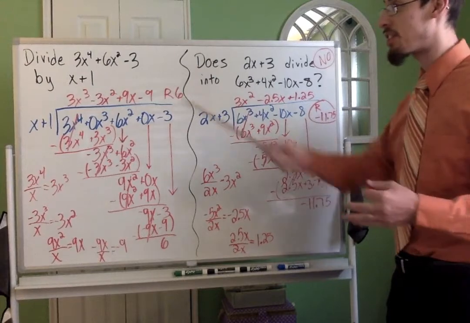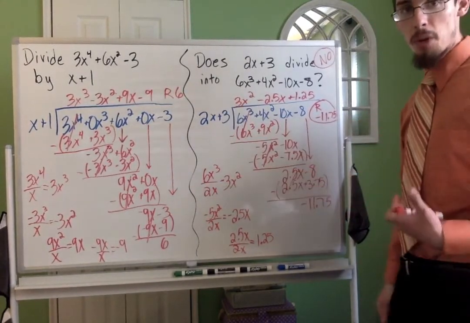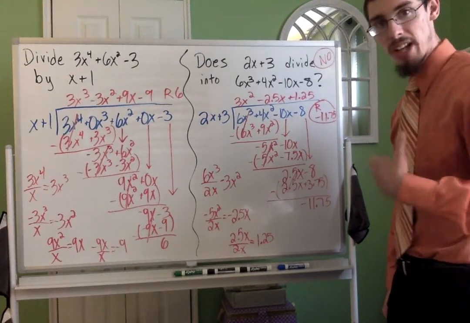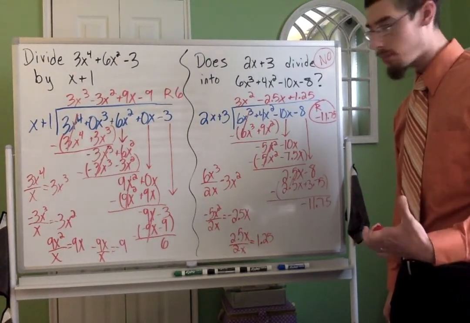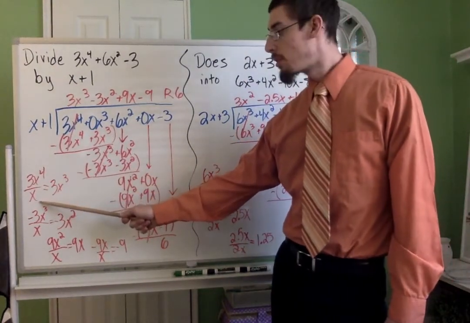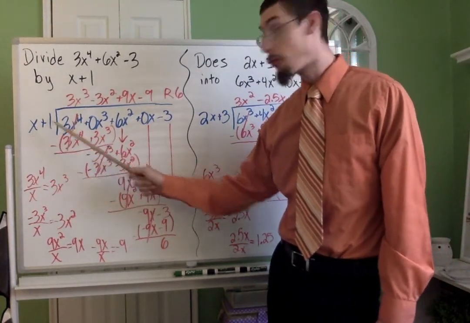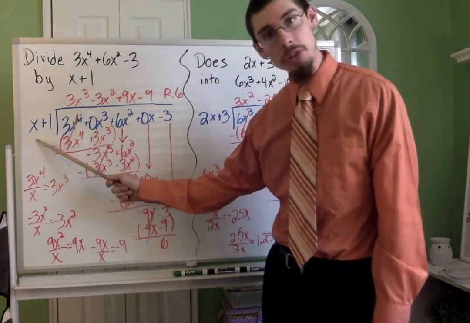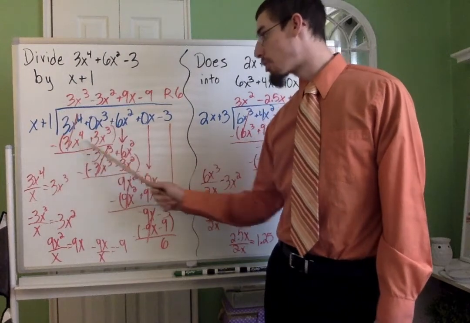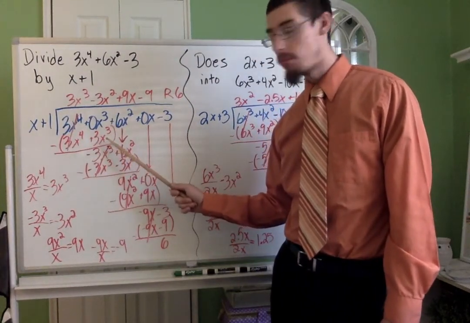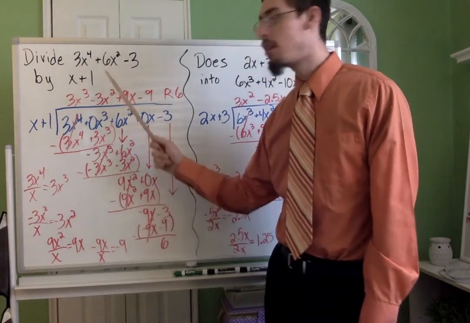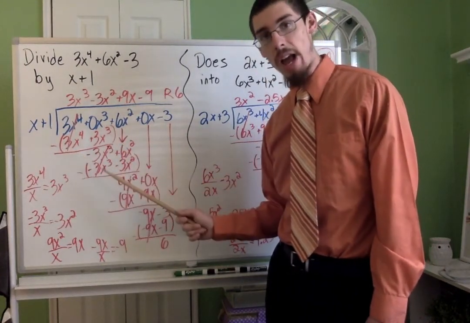I mean, it's essentially just this, right? I just wanted to make sure I went through enough examples that you really kind of saw exactly what this is about. But at the end of the day, you take the first term inside divided by first term outside. That result you will distribute and subtract. Bring down the next term, divide, distribute, subtract.